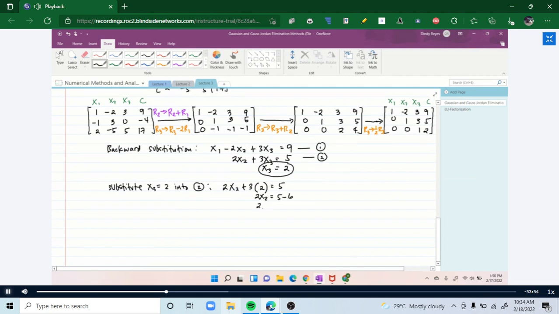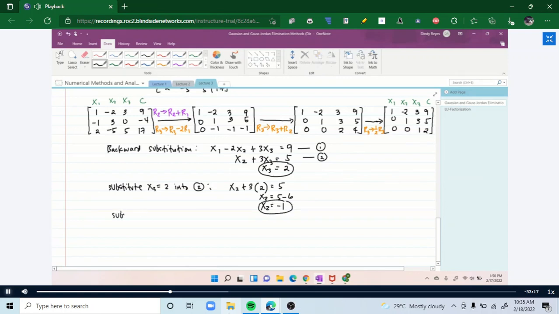Oh, I made a mistake in copying. It's only 1 x sub 2, not 2. So this is 1x sub 2. Okay, x sub 2 is 5 minus 6, or x sub 2 is equal to negative 1.